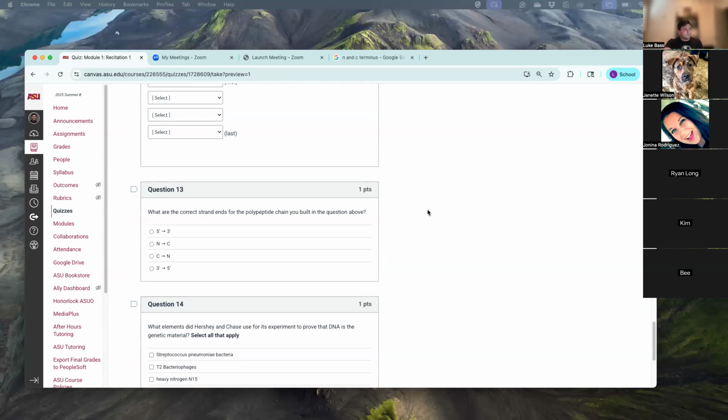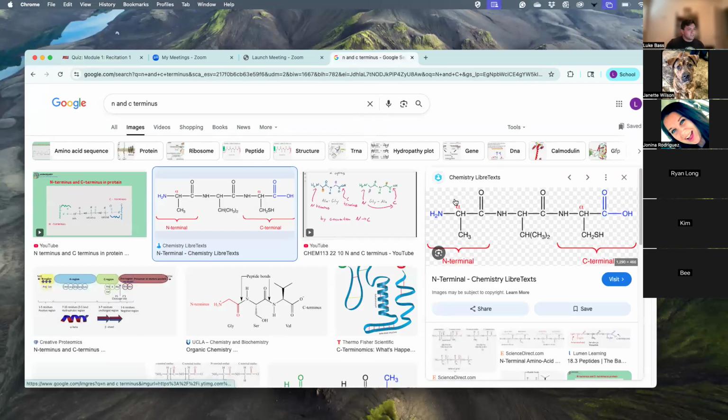Looking at the ends of a polypeptide chain, looking at it from a 5' to 3' orientation going left to right, it's going to be the N to C orientation. Another student asked this question too, so I brought up this picture.